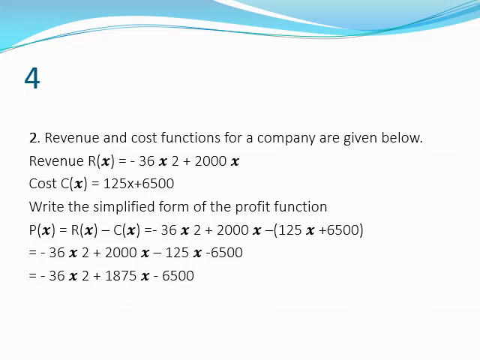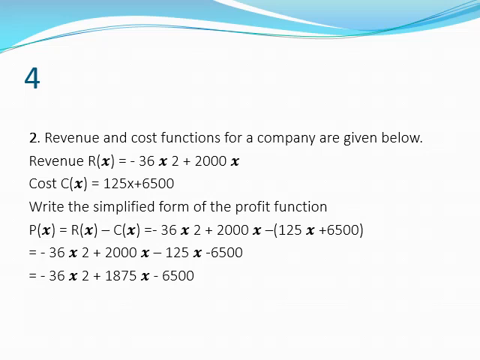P(x) equals R(x) minus C(x) equals, let's substitute, negative 36x² plus 2000x minus, between brackets, 125x plus 6500.